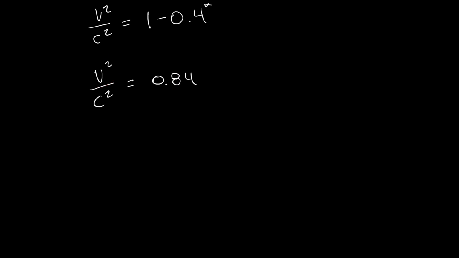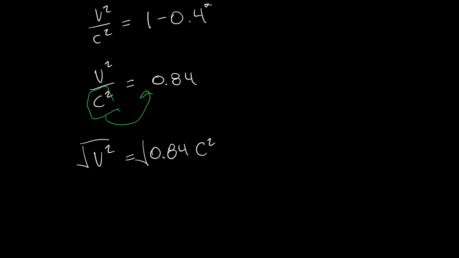But what you could do at this stage is just take this C squared and multiply it on this side. What you will get is this. Okay, and you can square root both sides.